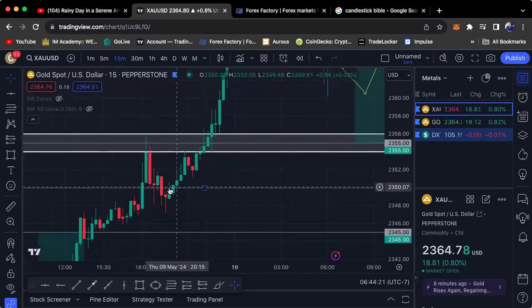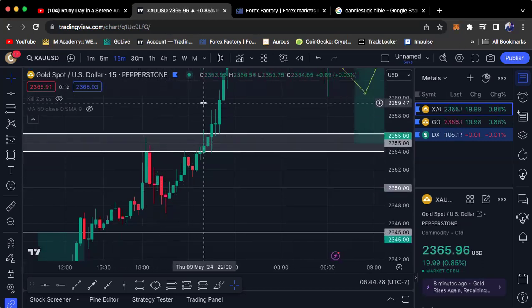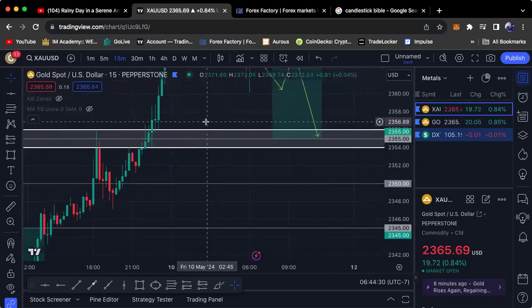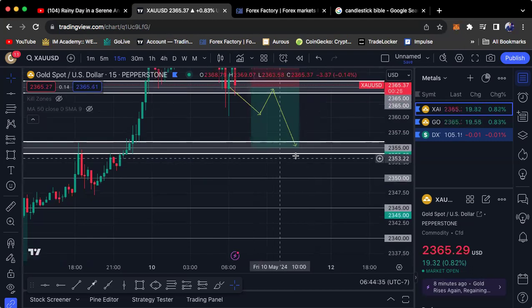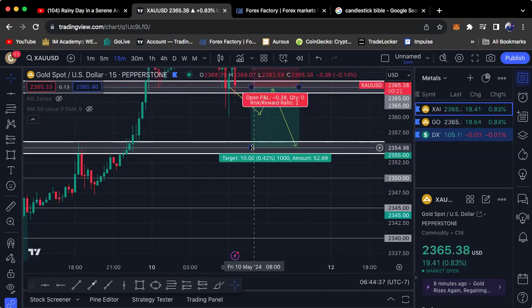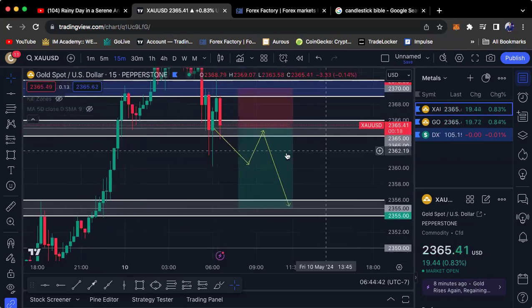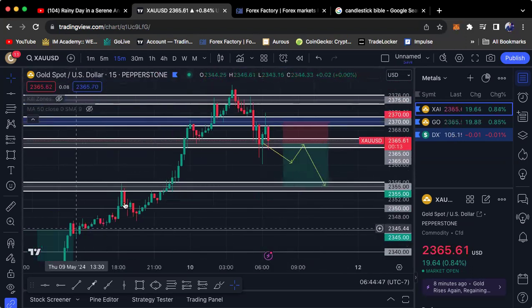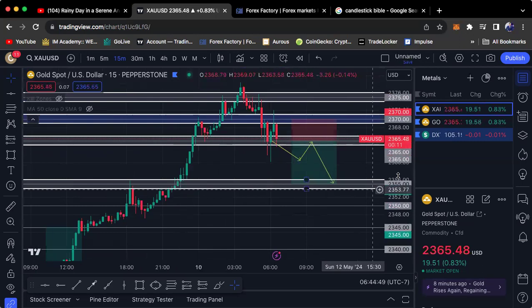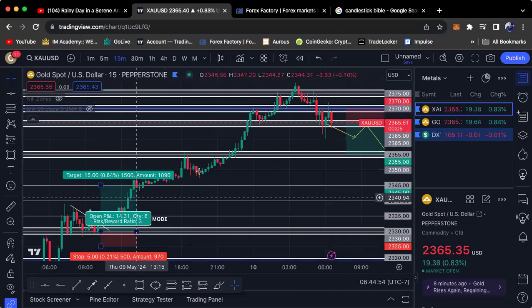Now, there's also price action here. Price broke above, created resistance, support, resistance, and then it finally broke above. But since gold is on a bullish run, okay, now it's bullish.